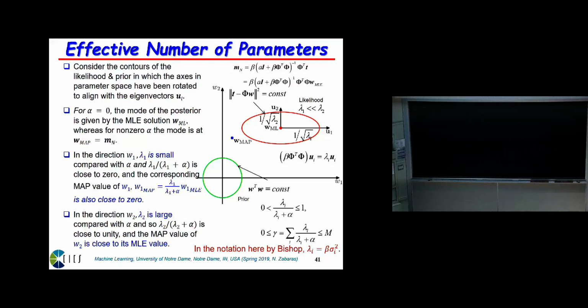So the data tell me this is the MLE. When you put a prior, it's pushing the estimate somewhere there. If you try to write these contours explicitly, the axes of this ellipse are 1 over square root of lambda 1 and 1 over square root of lambda 2.